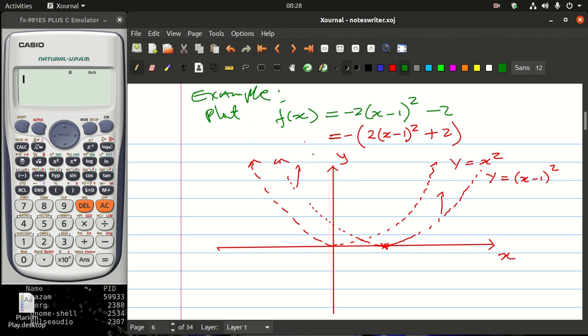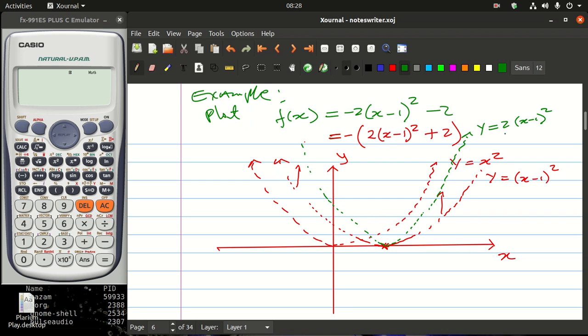Let me use a different color here. You're going to have a nice curve that will come to this point, and then it's going to come somewhere like this. And of course, this is y is equal to 2(x minus 1) squared.